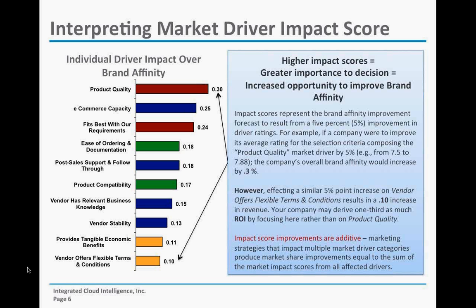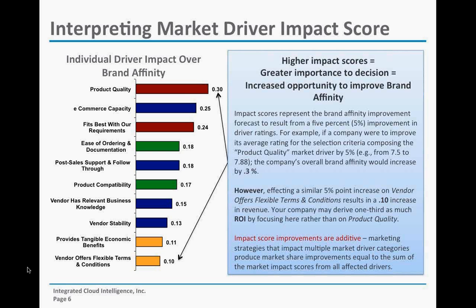But in terms of the relative position, which tells you what return you will get for an investment in improving, for example, e-commerce versus terms and conditions, relatively speaking, this is spot on. And when you're making a tough decision, you never have enough money to do all the things you'd like to do to improve a product or service, and you have to marshal them to get the best return.